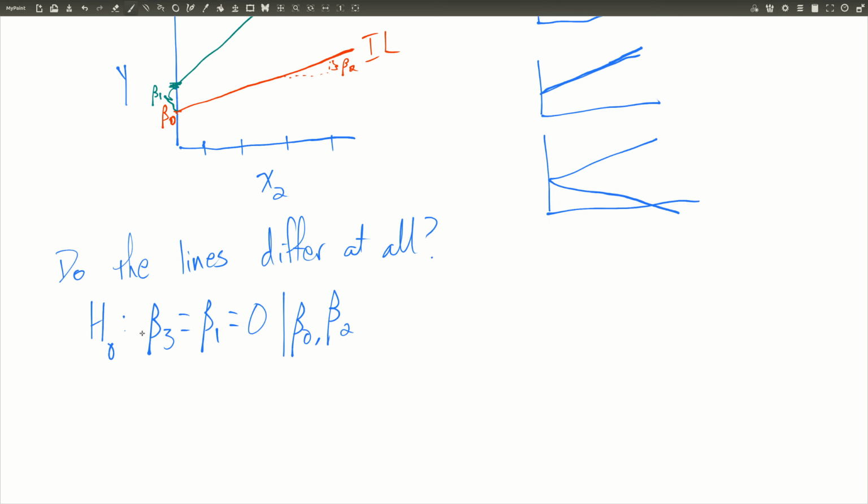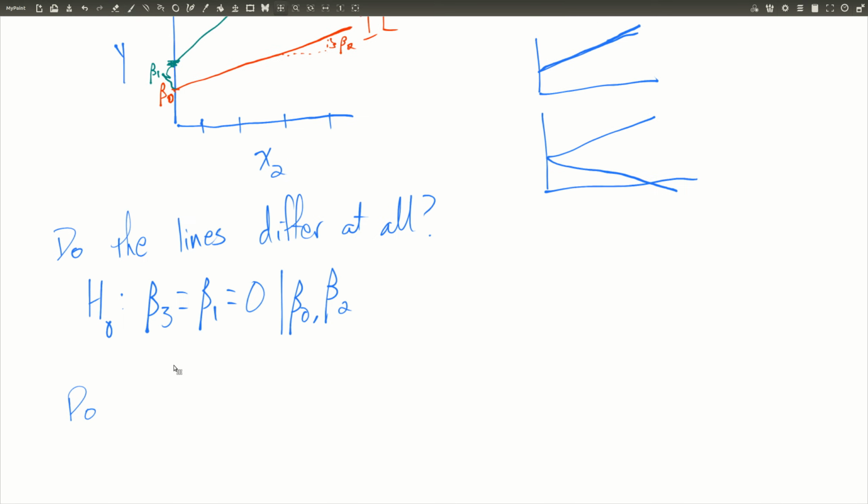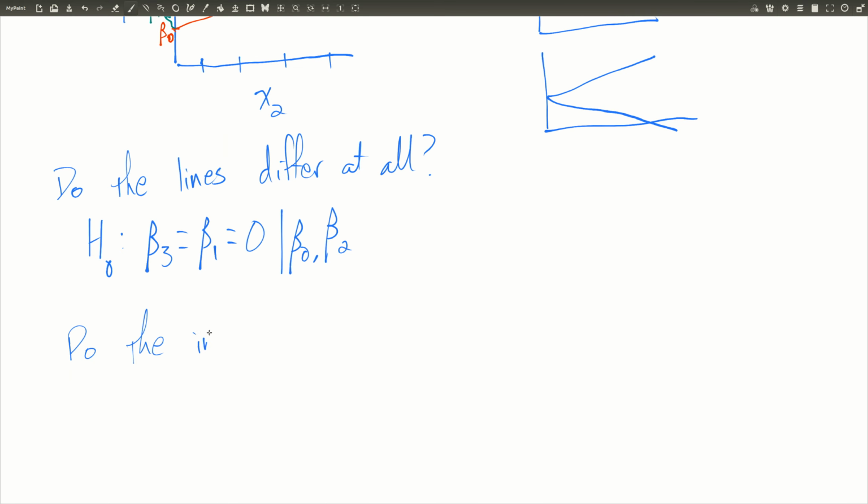Now, if you reject this null hypothesis, you might want to say, well, is it the intercepts or is it the slopes that differ? So we might want to ask, do the intercepts differ when allowing the slopes to differ?